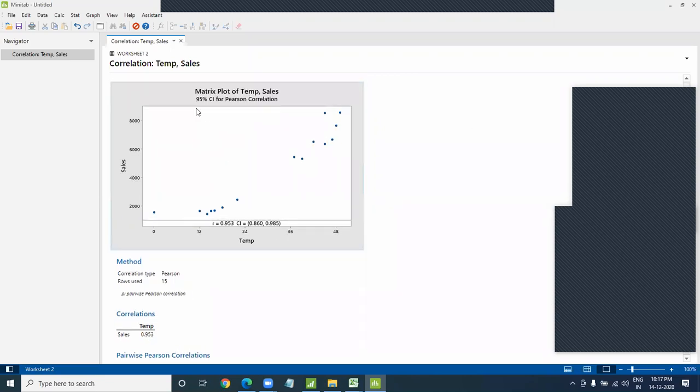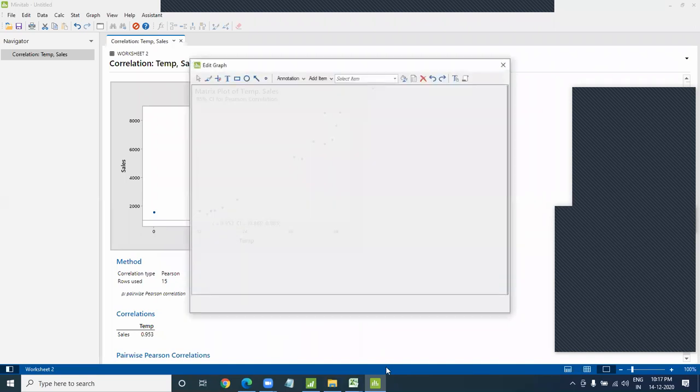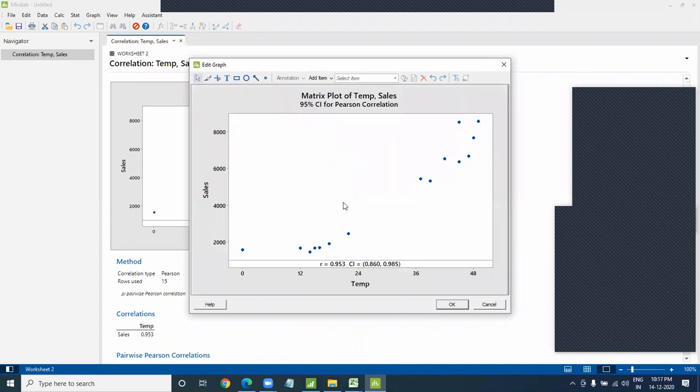Let's have a look at the graph. Double click the graph and let it come up. It takes time somehow.